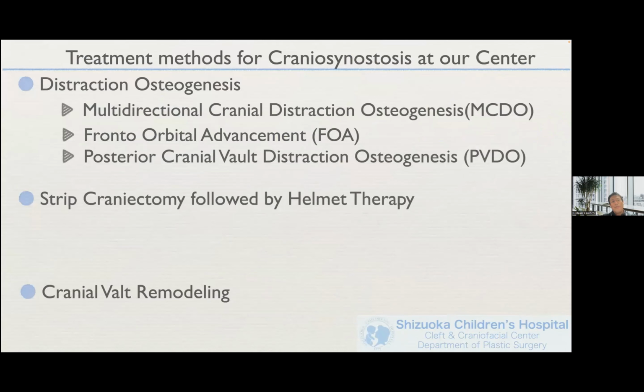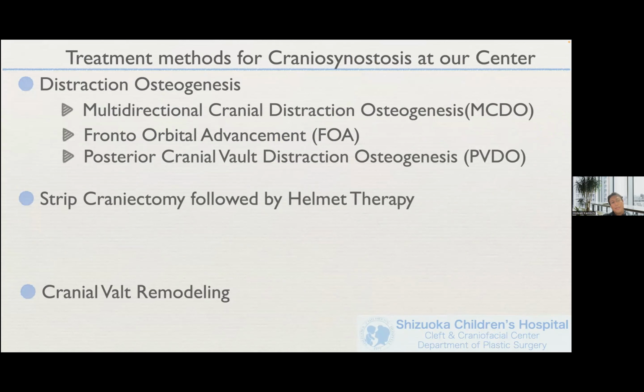Surgical treatment for craniosynostosis may vary by center, but generally falls into 3 categories: distraction osteogenesis, strip craniectomy, and calvarial bone remodeling.